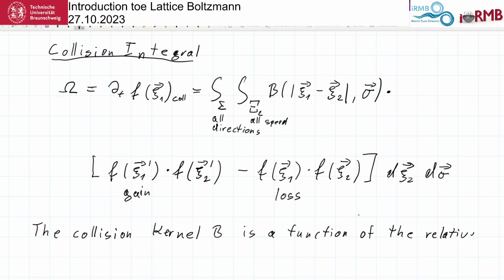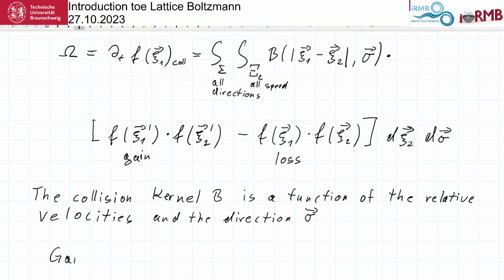I mean, in a sense, it's also a function of how the molecules look like, but this is not what we mean here. It's of the relative velocities and the direction. And it's not a function of xi.